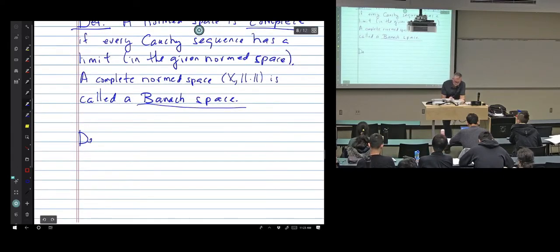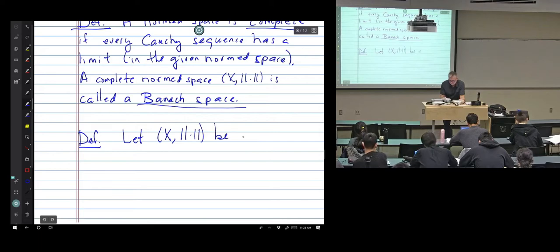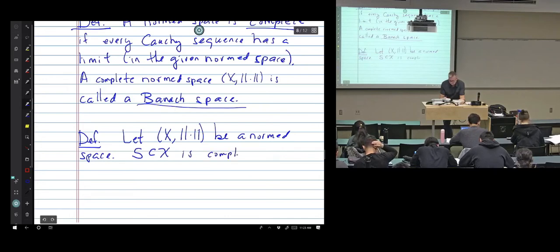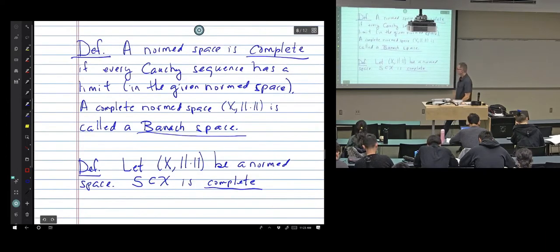One more definition here. Let X be a normed space. A subset S contained in X is complete. We're just going to extend the definition of completeness to a subset of the space.